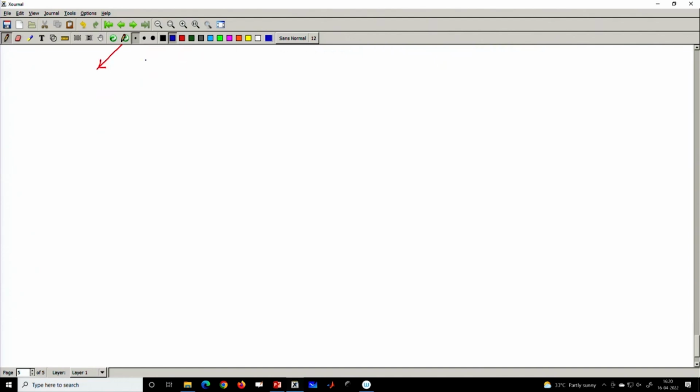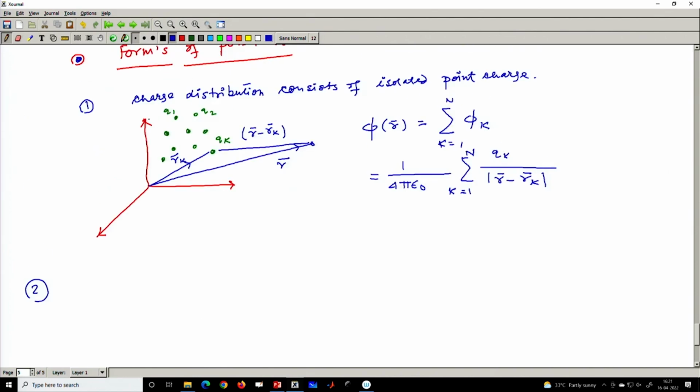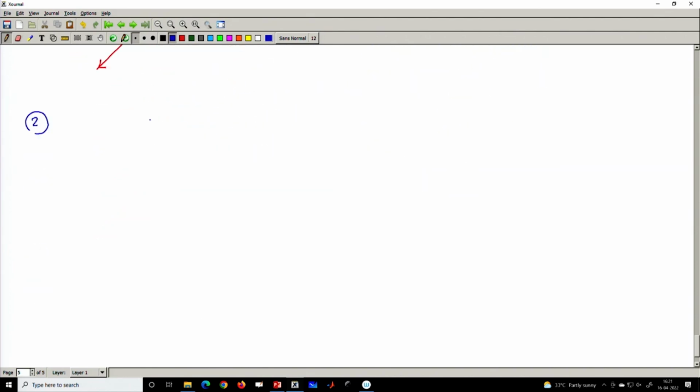Well, what happens when we have line charge? So, this is case 2. For case 1 we had charge distribution with isolated point charges, and now this is simply a line charge distribution.